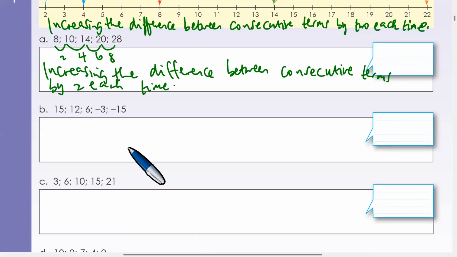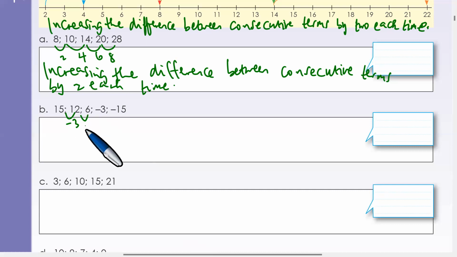Is it a constant ratio? Let's check. Because you can see that now here 3 is subtracted.